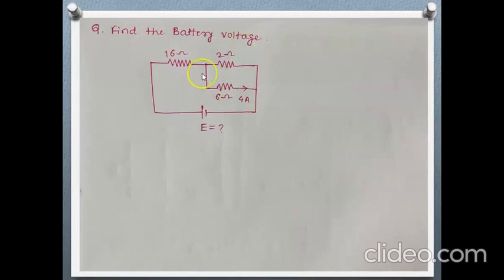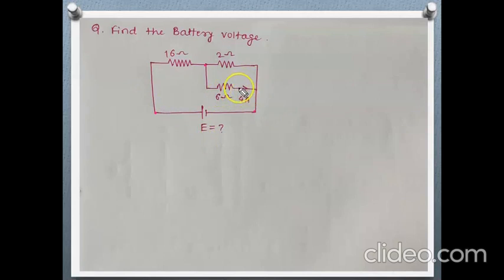The circuit is given here where a 16 ohm resistor is connected in series with a 2 ohm and 6 ohm that are connected in parallel. This is the total battery voltage between these 2 points, and we want this battery voltage.